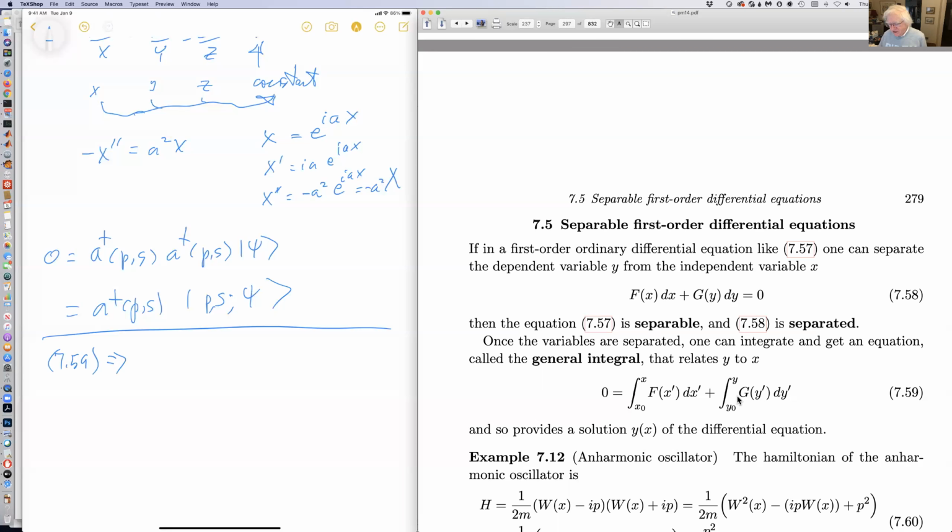Well, that's in my notes. I may have different numbers. This then says that y is some function y of x, x0 and y0. So what we get is a first order differential equation that's separated.